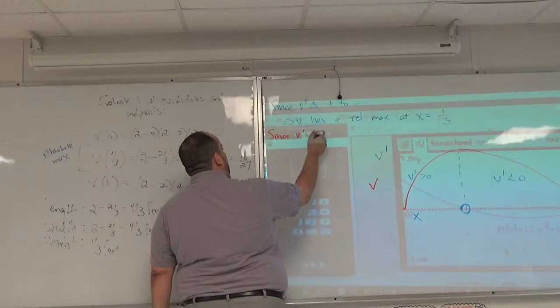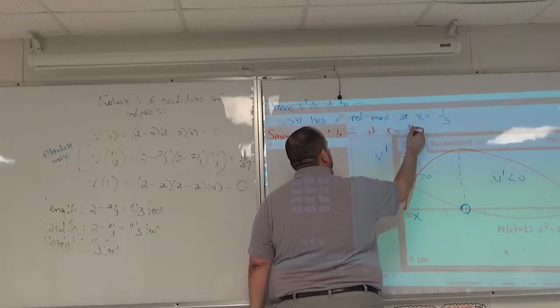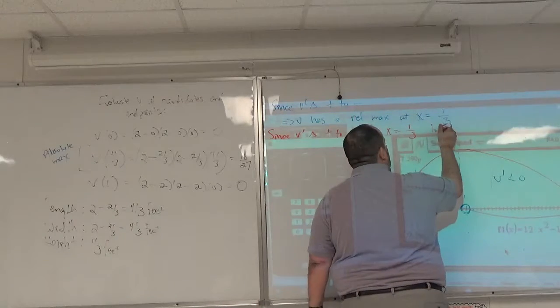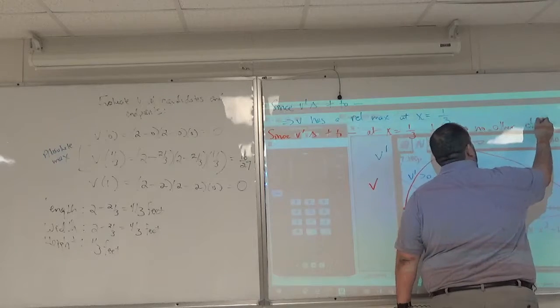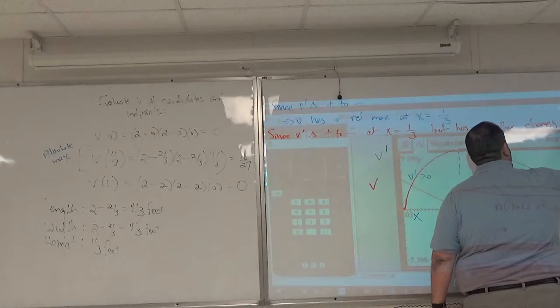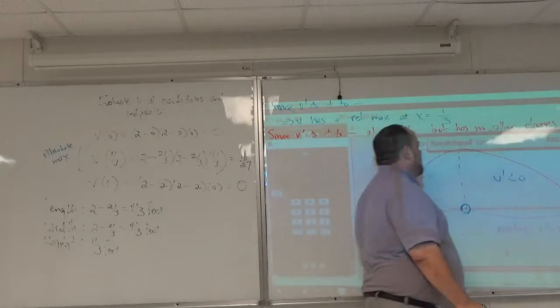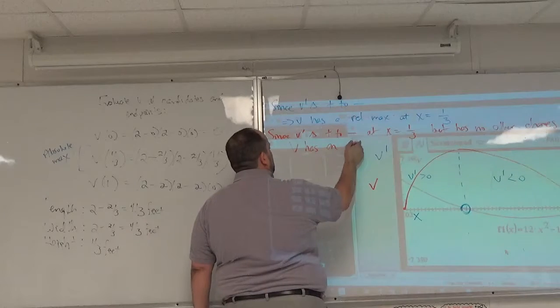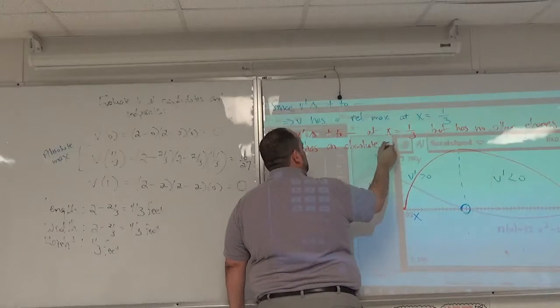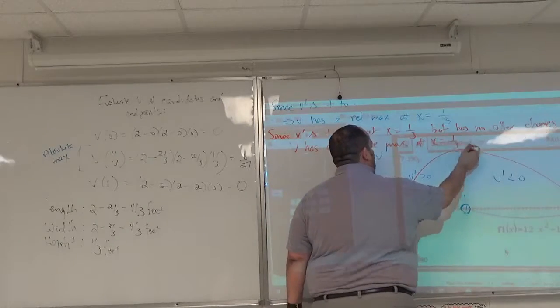So the strong conclusion is to say something like this. Since V prime changes from positive to negative at x equals 1/3, but has no other changes, for 0 less than or equal to x less than or equal to 1, V has an absolute max at x equals 1/3.